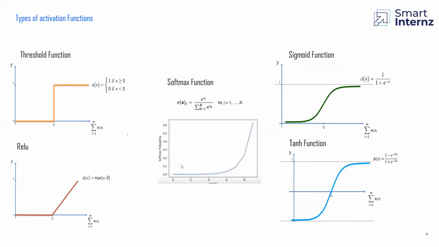Now we talk about the tanh function. The tanh function is also known as the hyperbolic tangent function. It is almost the same as the sigmoid function, but slightly better. Why? Because its range starts from -1 to +1.